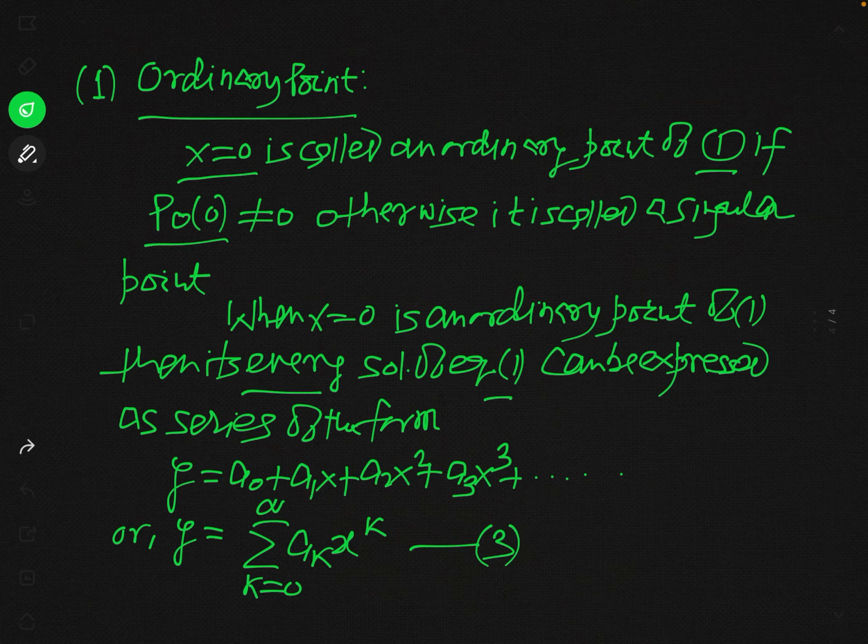Remember, when x equal to 0 is an ordinary point, we will write the series solution of such equations in this form. Now we will see the other condition, which is the singular point.